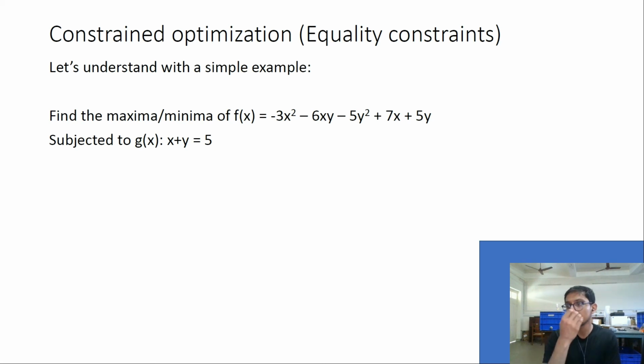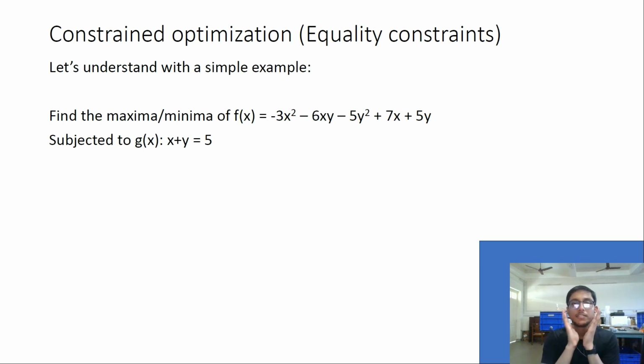So if you make the Hessian matrix, maybe it will be in the form of variables. If it is in the form of constants, then well and good. We just calculate the eigenvalues, so we don't have to do anything.